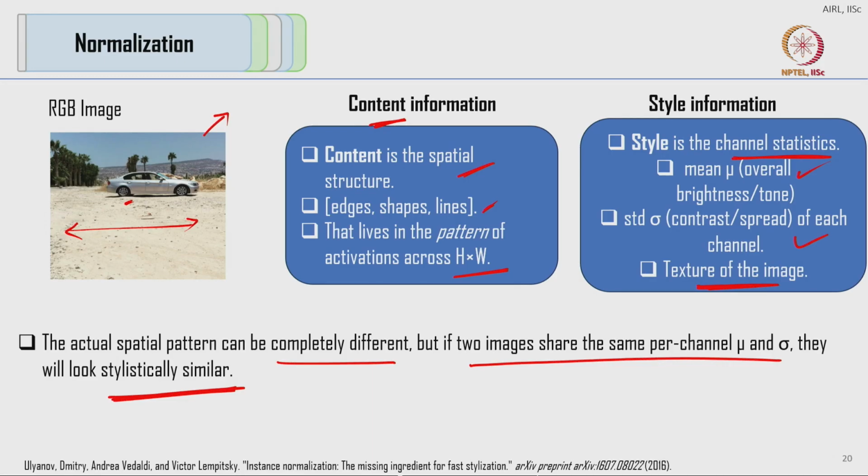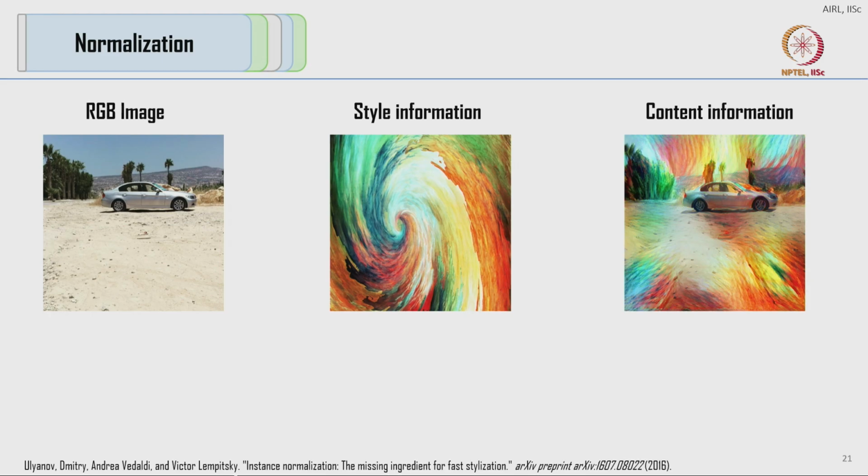Now, let us take a deeper look into what it means by style or texture. If I take an RGB image which is highlighted by this car here, we have style information from a different image, and if we try to merge both of them, which is content plus style information, I have content from the RGB image and style from the middle image.